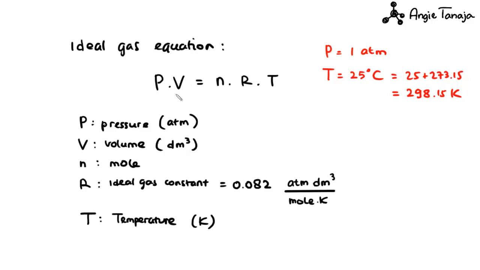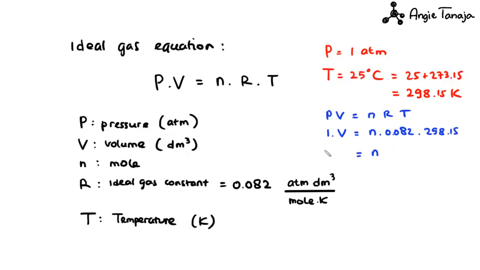So now let's plug in the numbers. PV is equal to nRT. P is 1, V we don't know, n we don't know, R is 0.082 and the Kelvin is 298.15.